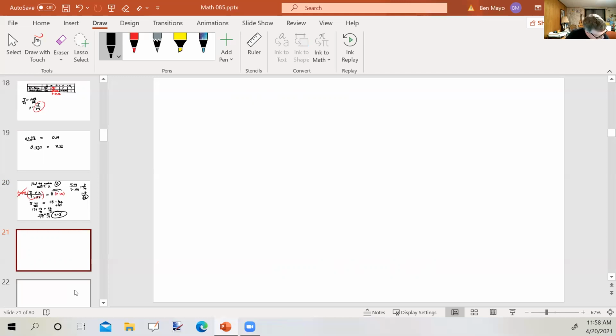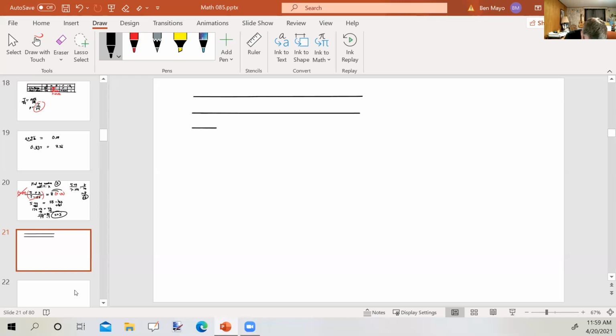All right, so we've got speed, distance, and time. Speed is also known as rate. So distance equals rate times time. That's that formula from before, okay?